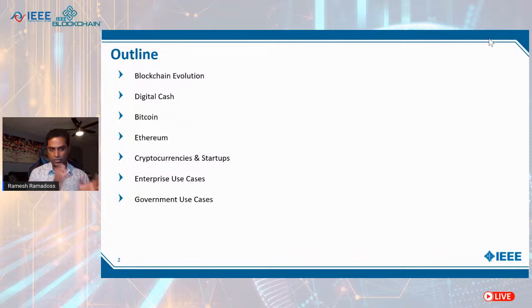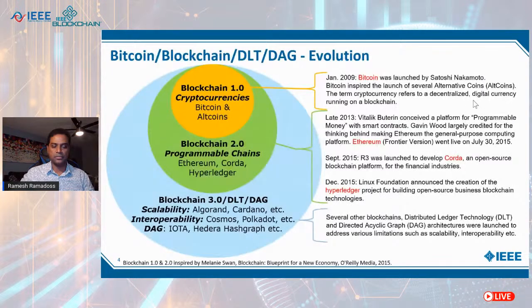And once we cover those two things, we will try to understand what's happening in the cryptocurrency space and startup activities, and then the use of blockchain in enterprise use cases, and finally, government use cases. So let's start with the first section on blockchain evolution.